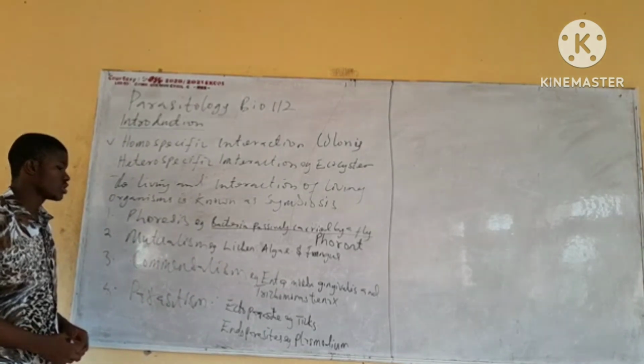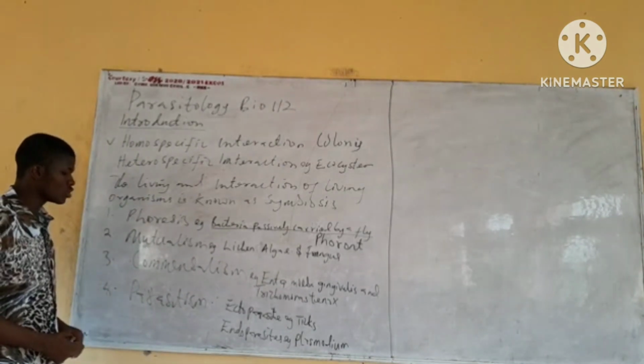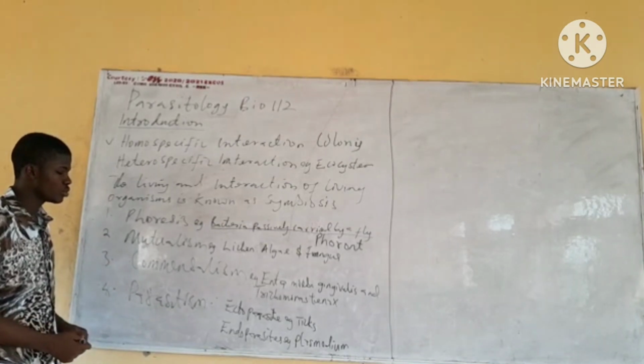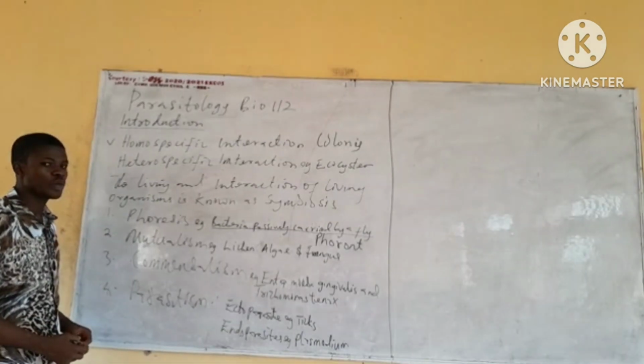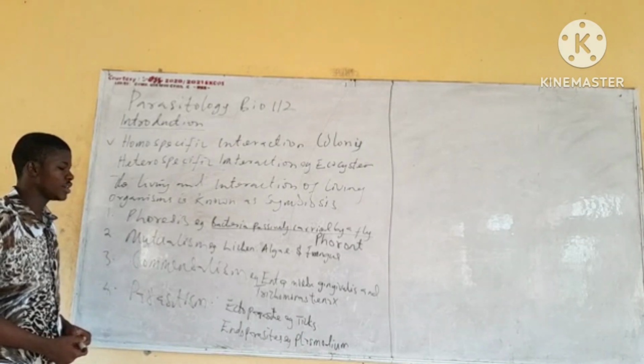So the last relationship we'll be looking at is parasitism. Parasitism is our core course, parasitology. In this type of relationship, the smaller symbiont is known as the parasite, while the larger one is known as the host.